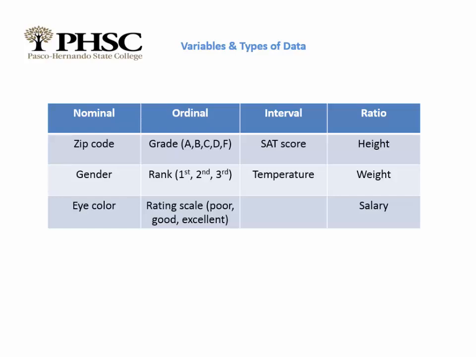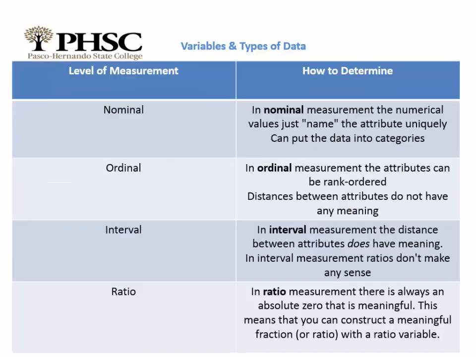An interval would be an SAT score or the temperature, and ratio would be height, weight, or salary. The reason is that you can say that someone is twice as tall as someone else, or twice as heavy, or makes twice as much money. Those comparisons are legitimate. In interval, they're not really legitimate.